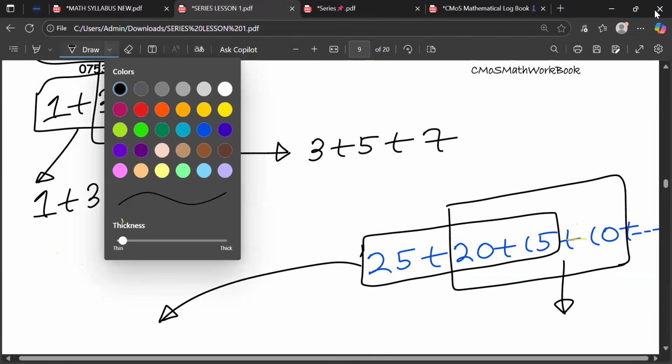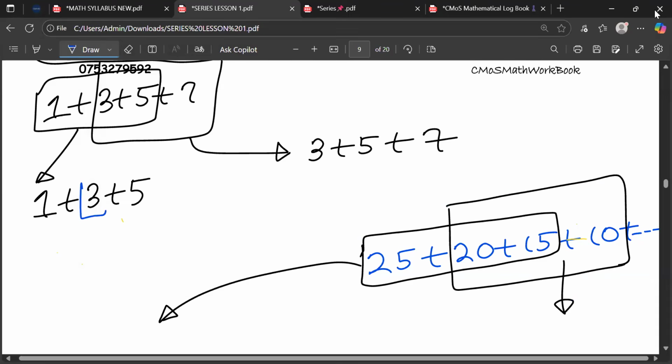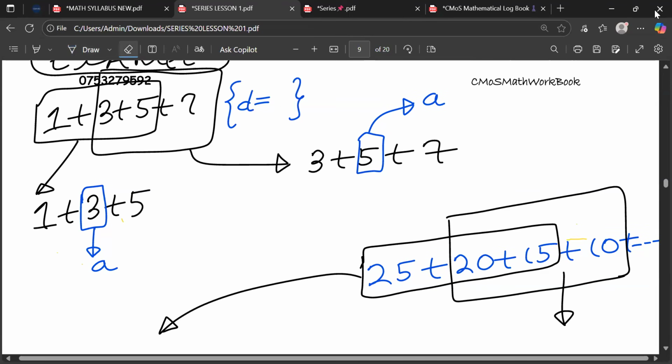So I want you people to look at this number in the middle. What if we say it is our A? Just assuming. And also we say this one is our A. Do you all remember the common difference? Here the common difference is 2. When I get any term minus the preceding term, I get 2. 5 minus 3 is 2, 3 minus 1 is 2.